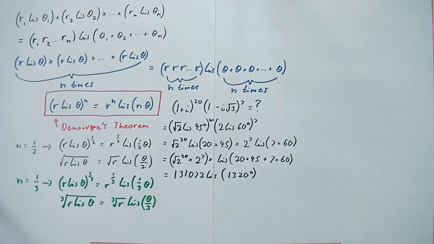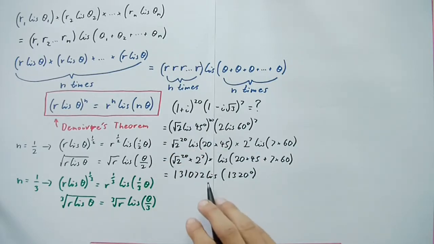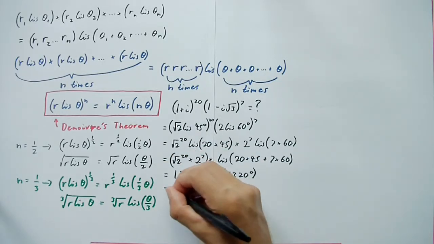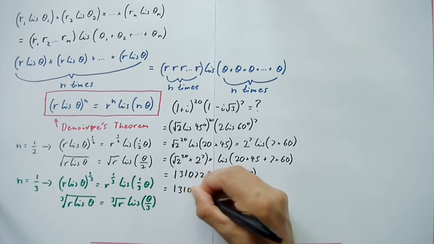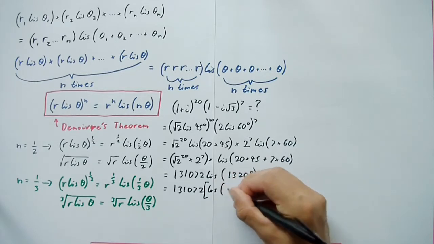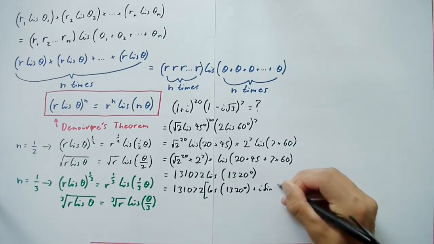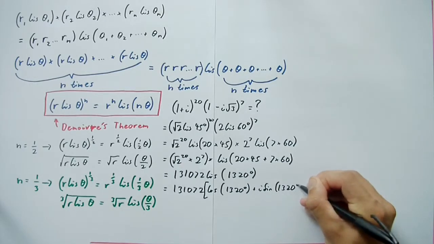Now since we started off with complex numbers in Cartesian form, it'd be nicer to put our answer into Cartesian form as well. And to do that, we convert cis into cosine plus i sine, which gives us 131,072 times the cosine of 1,320 plus i sine of 1,320.